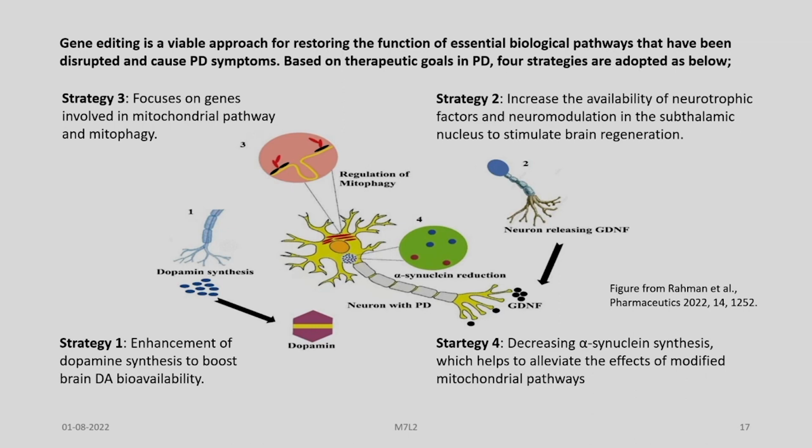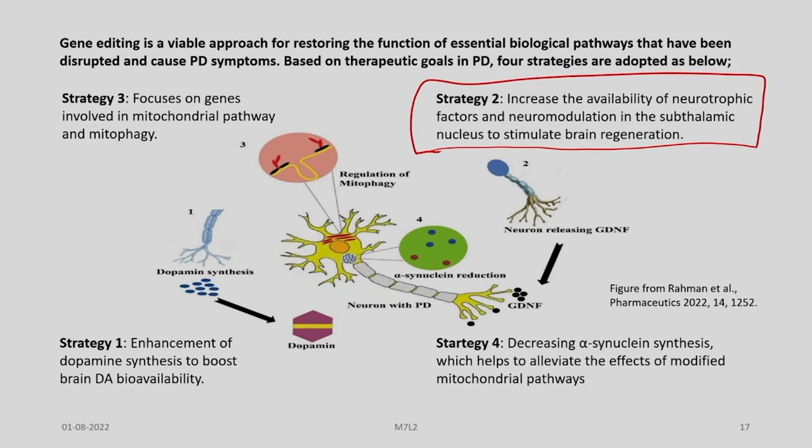Strategy number 1 is enhancement of dopamine synthesis to boost brain bioavailability. Strategy number 2 is to increase the availability of neurotrophic factors and neuromodulation in the subthalamic nucleus to stimulate brain regeneration.